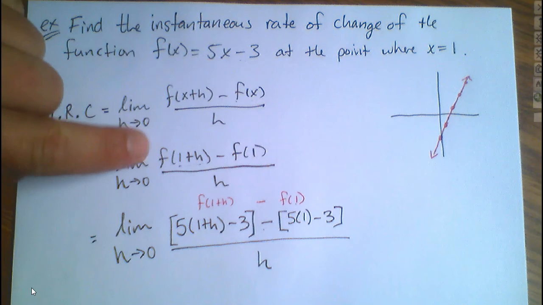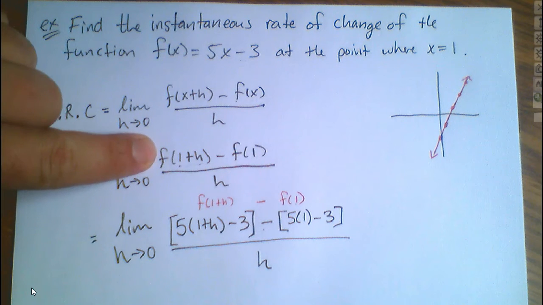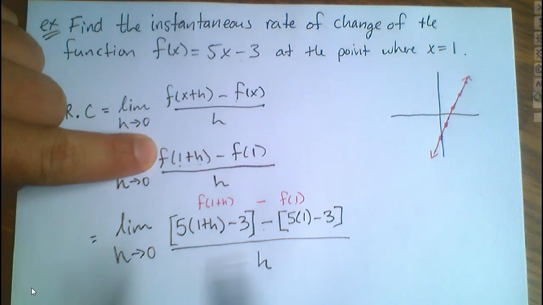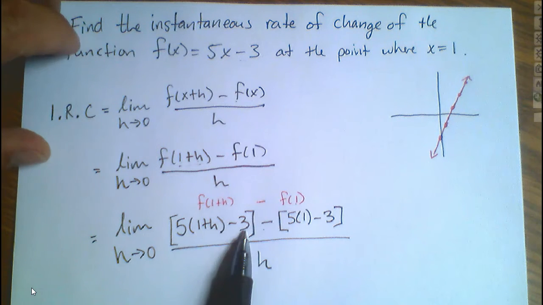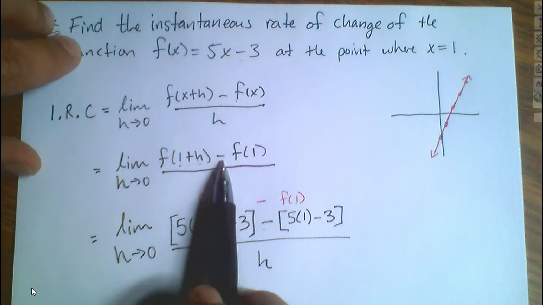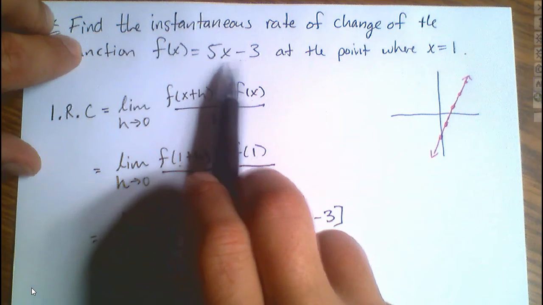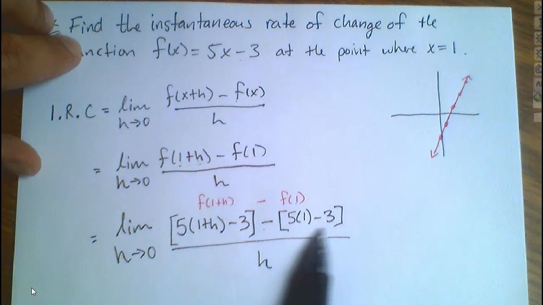Right. So one more time, f of 1 plus h means plug in 1 plus h for your x here. So that's what we've done. 5 times 1 plus h minus 3. Minus f of 1 just means plug in 1 right here. Okay. So I've kind of written it out, not skipping any steps there.